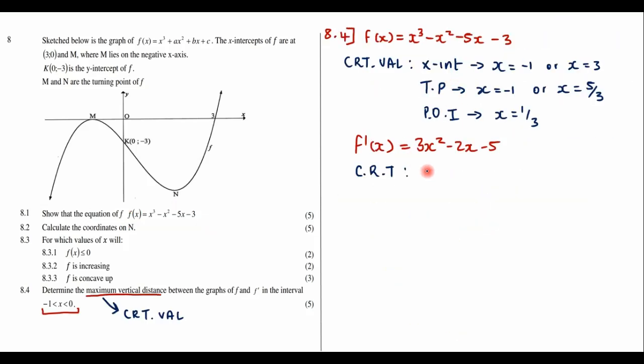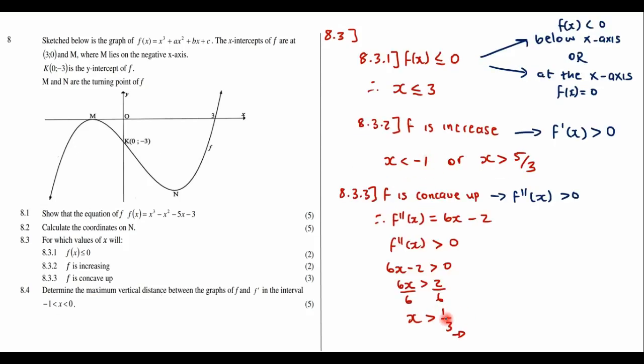So which means we're going to use x equals -1 or x equals 5 over 3, right? Now, what is another critical value of a parabola? Of course, it's going to be the turning point, right? Now, the turning point of this is going to be that x value that we got there, right?